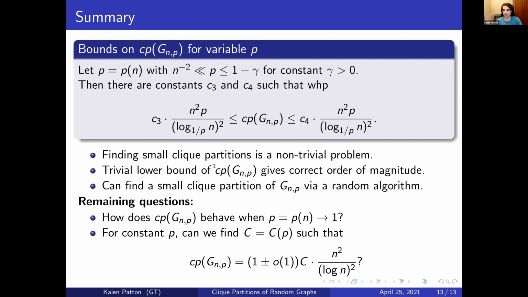The remaining questions we still have are how this clique partition number behaves in the case where p is allowed to go to 1 with n, and also, for constant p, can we find the correct constant that we get from this order of magnitude bound? We get upper and lower bounds up to a constant, but we still don't know exactly what the correct constant is in front of that order. Okay, and so that is basically all I have for today. Thanks for listening.